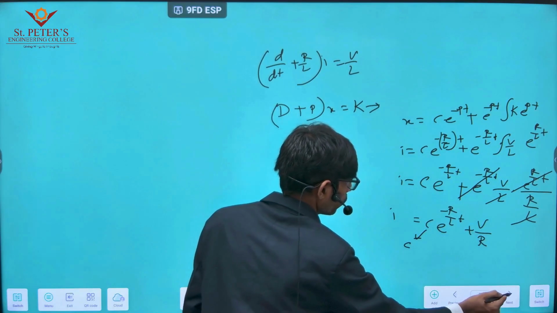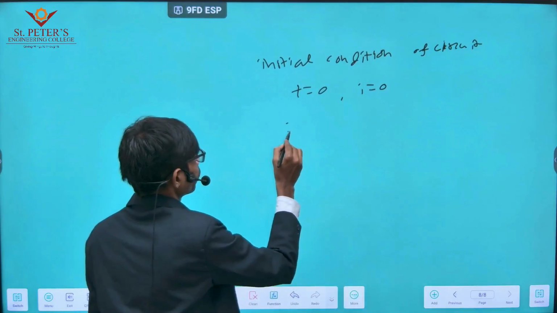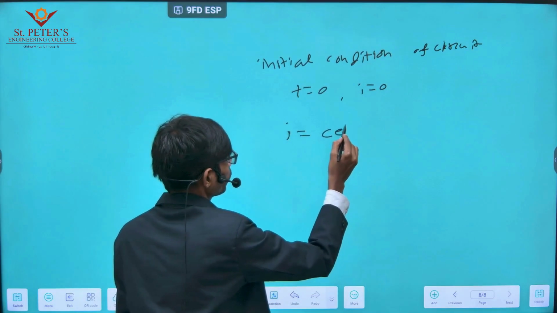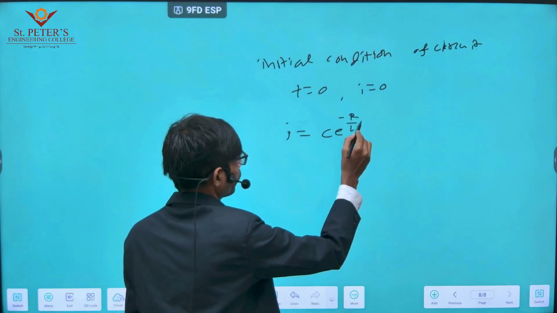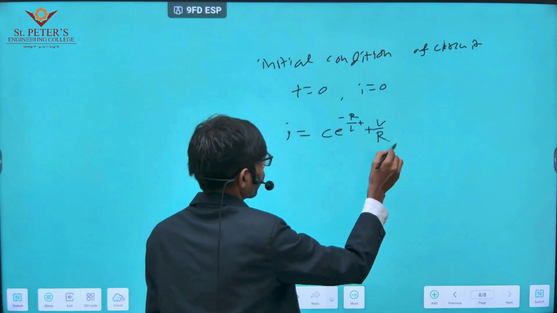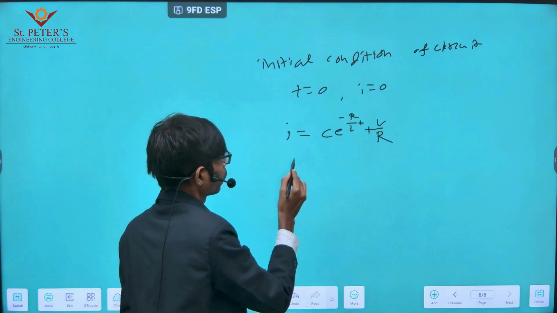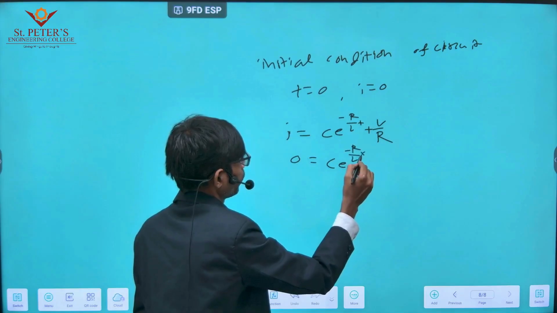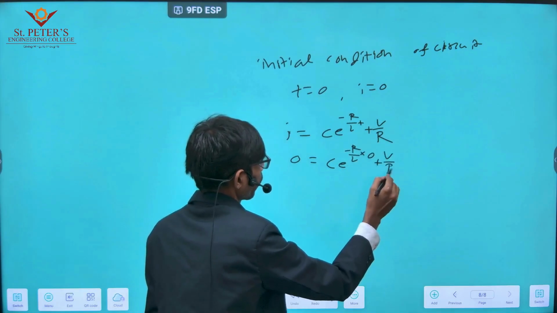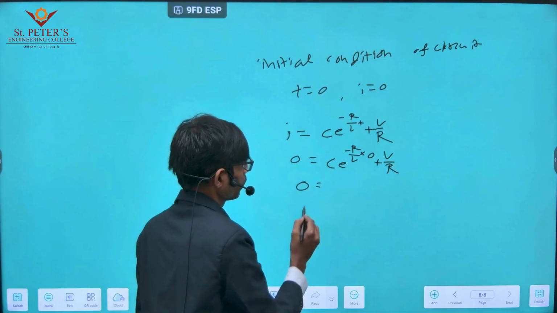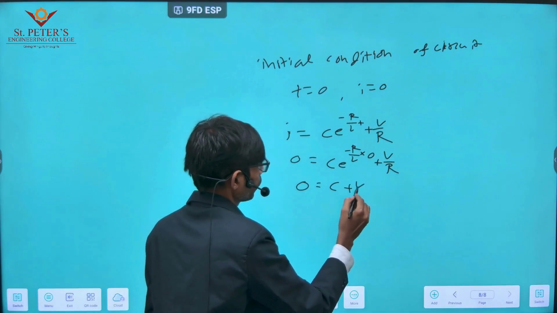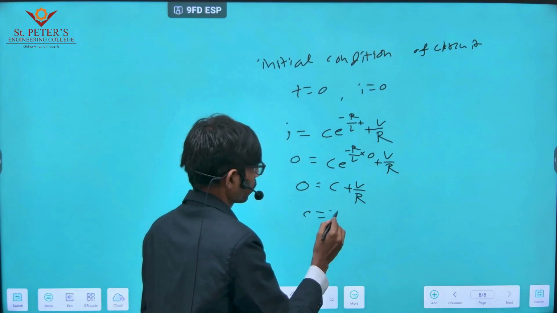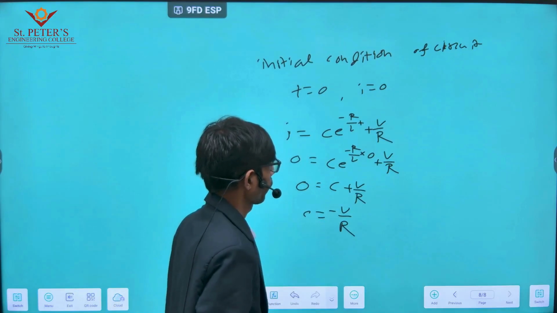I equal to C e to the power of minus R by L t plus V by R. Substituting I equal to 0, 0 equals C e to the power of minus R by L into 0 plus V by R. So we will get 0 equal to C plus V by R, so C is equal to minus V by R.